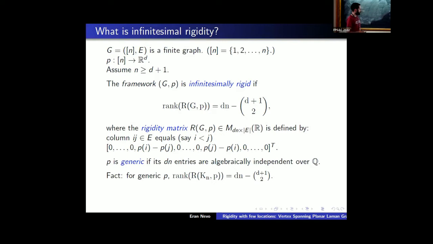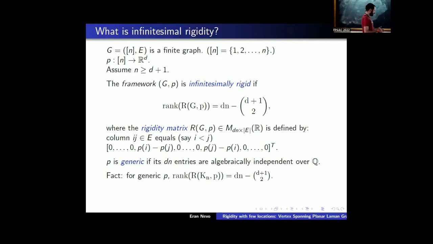And you see that if you perturb P to be what we call generic, so that all of the dn entries are algebraically independent over Q, the rank can only grow. And if we keep the same ground set but add edges, this means that we add columns to the matrix, so also the rank can only grow.